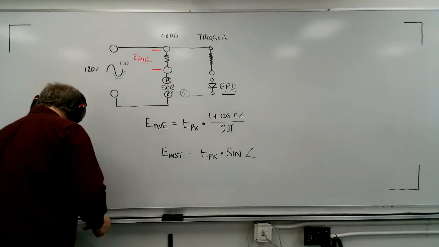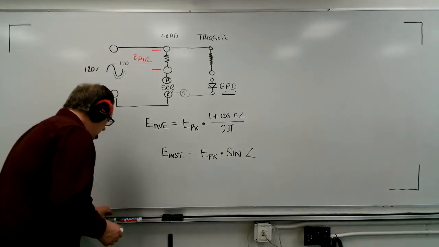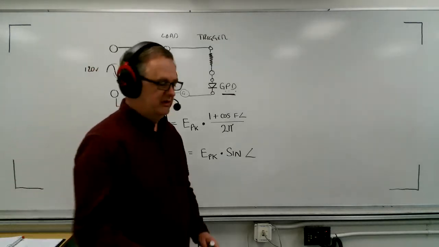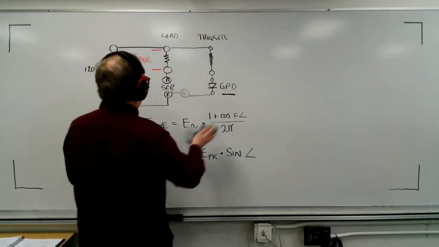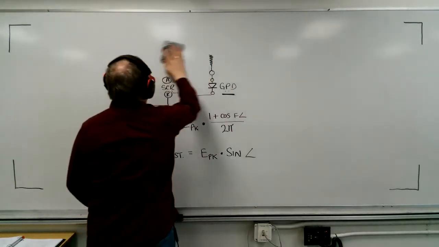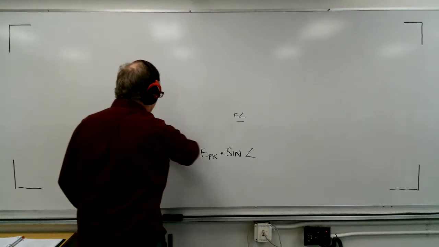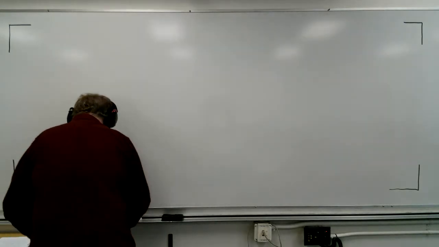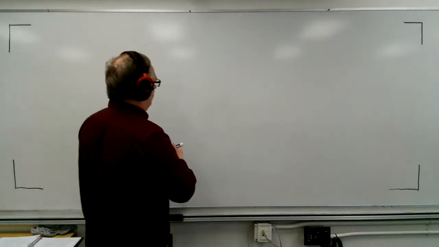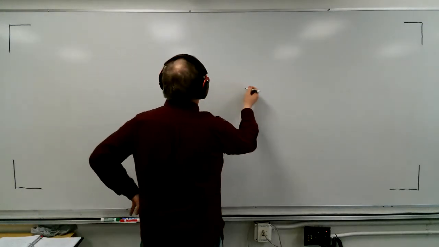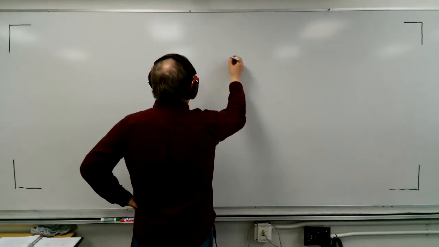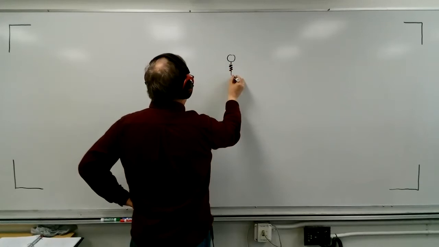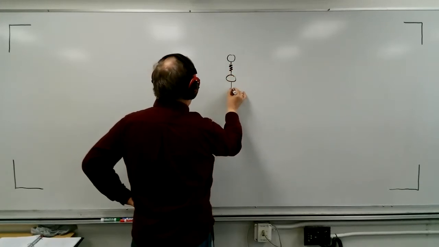Now we're going to talk about the full wave rectifier. How do we make a full wave rectifier? I'm just going to clean this out of the way, and we're going to start by looking at the full wave rectifier using an SCR. I'm going to start by showing you the load and the SCR.